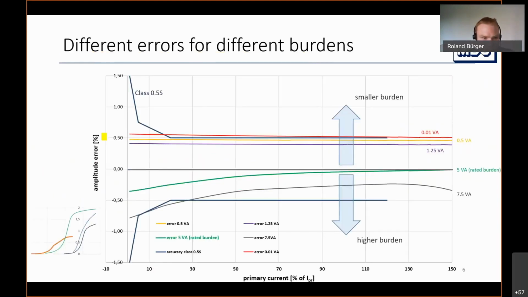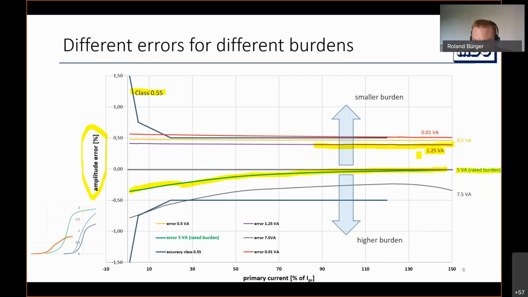We have here the amplitude error of this current transformer, and we have 5 VA as rated burden. And we can see here, this is the error curve perfectly in the class 0.5S. And if we take the quarter burden, which is measured by the instrument transformer manufacturer as well, we can see here, this is the purple line.